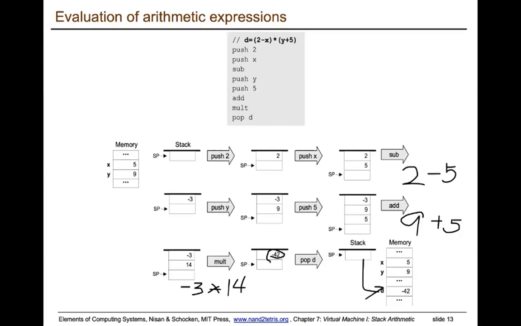Okay, so this one is associated with the memory. So you have stack, you have memory, so you associate stack with memory. Finally, when we deal with the RAM, one more thing you need is called SP.